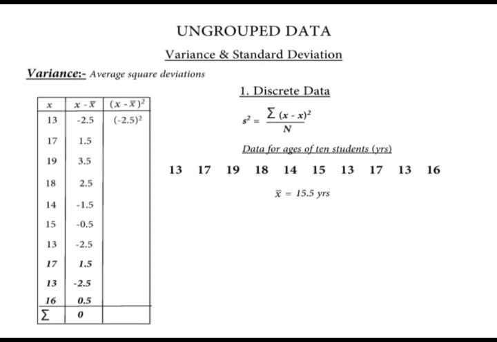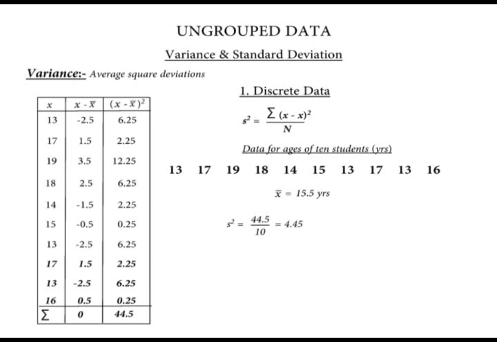Minus 2.5 squared is 6.25. 1.5 squared is 2.25. 3.5 squared is 12.25, all the way down. The summation of the square of those deviations gives us 44.5. And so variance is equal to 44.5 over 10, which gives us 4.45.